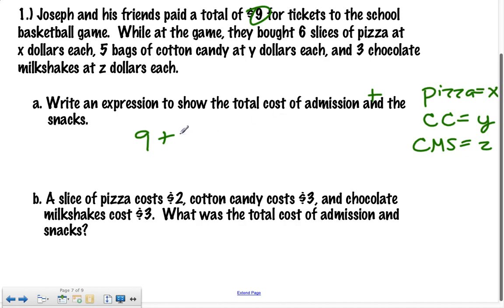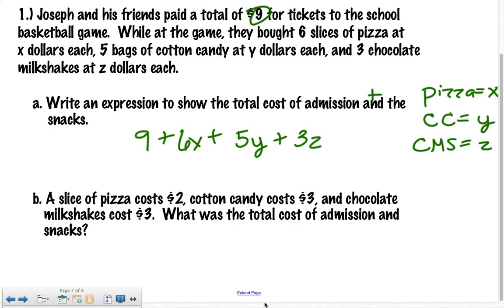So 6 times X. And then they bought 5 bags of cotton candy, so that would be 5 times the dollars of cotton candy, which is 5Y. And then 3 chocolate milkshakes, so 3 times the Z. So that is your expression because there's no equal sign in there. So that's answering for A, and now you're going to use this to answer B.